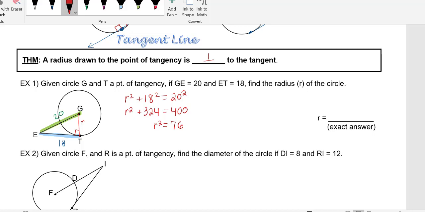And then think about what's a perfect square factor that divides into that 76. Rewrite that radical as root 4 by root 19. Square root of 4 is 2. Square root of 19 is square root of 19. So our radius of the circle is 2 root 19.